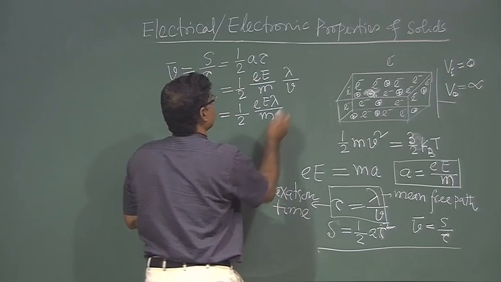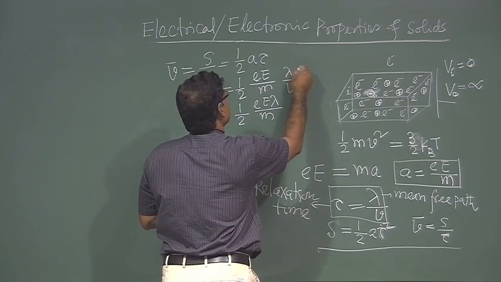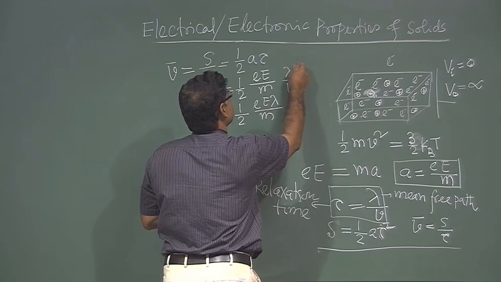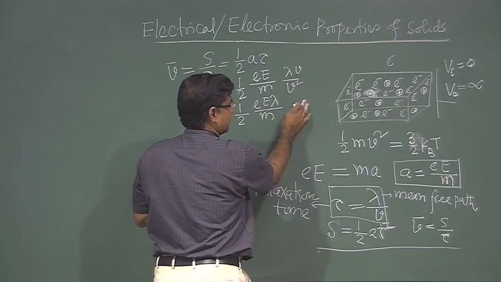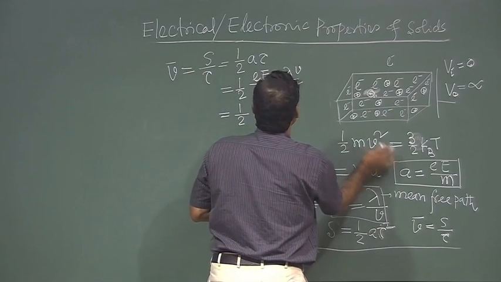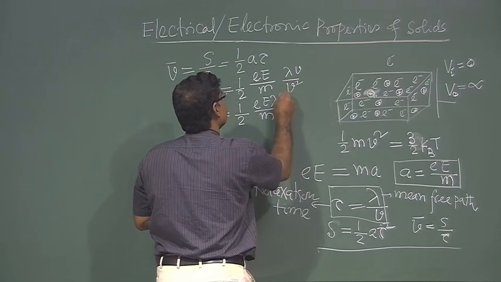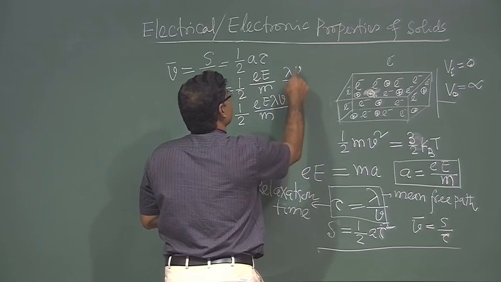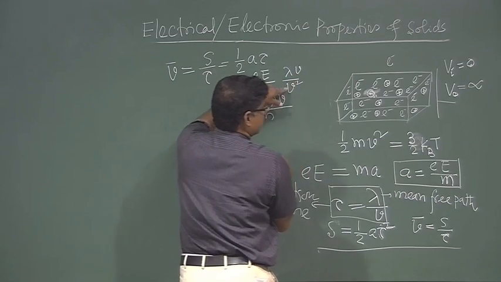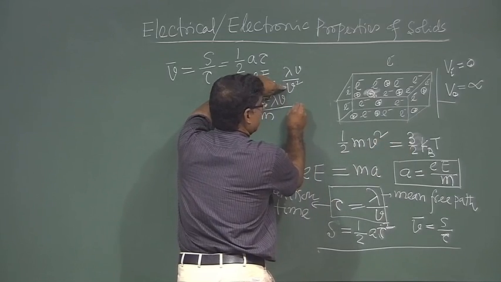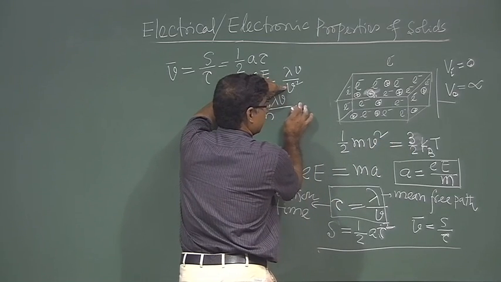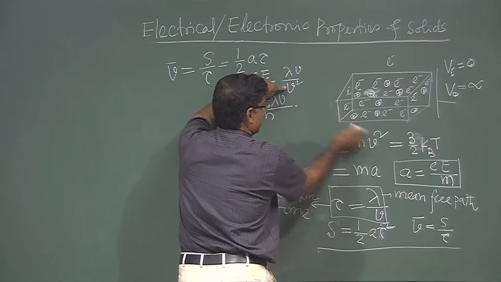So, 1 by v square I will replace, and 1 v will be there, and this v square is basically 1 by v square.